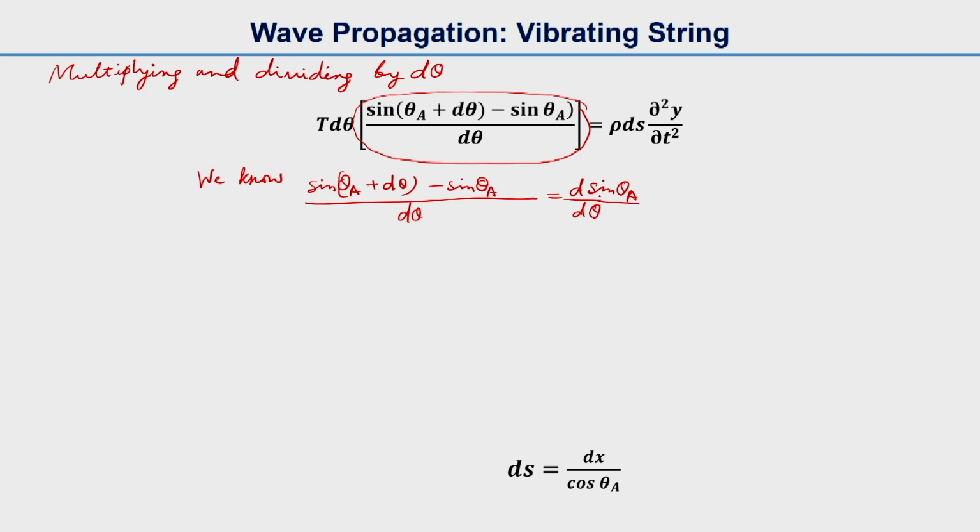Basically it's a derivative of sin theta a with respect to theta, that will give you cosine of theta a.